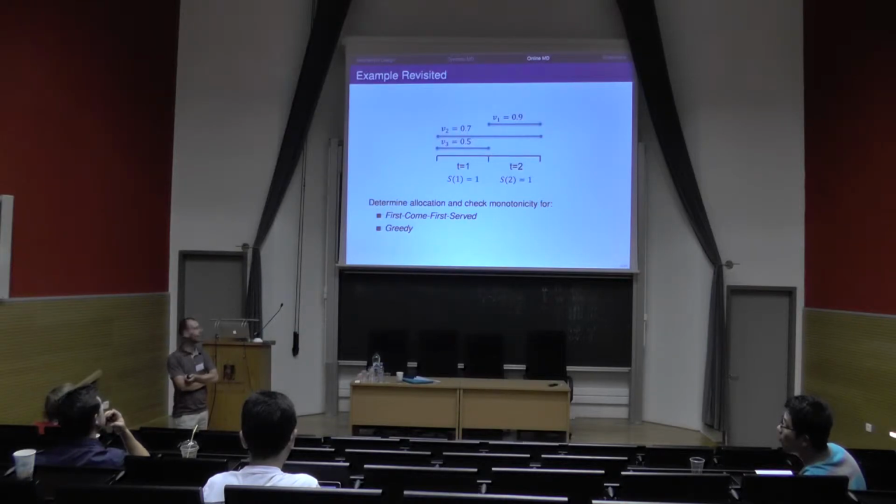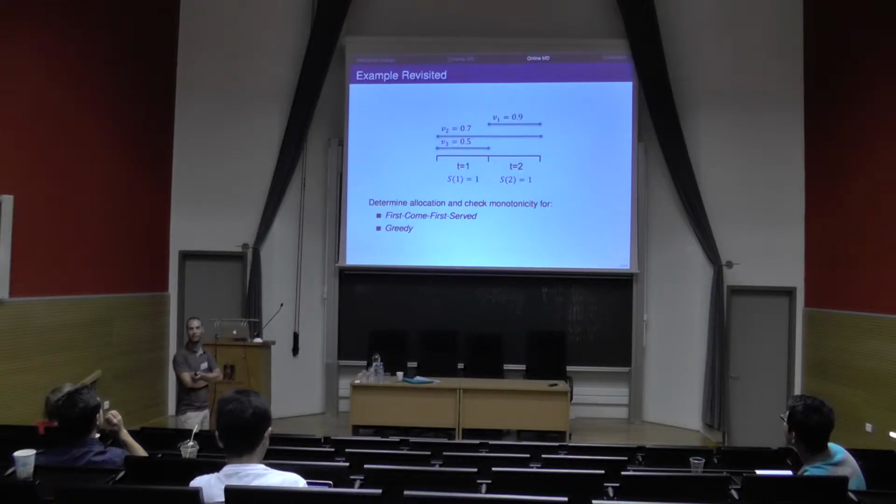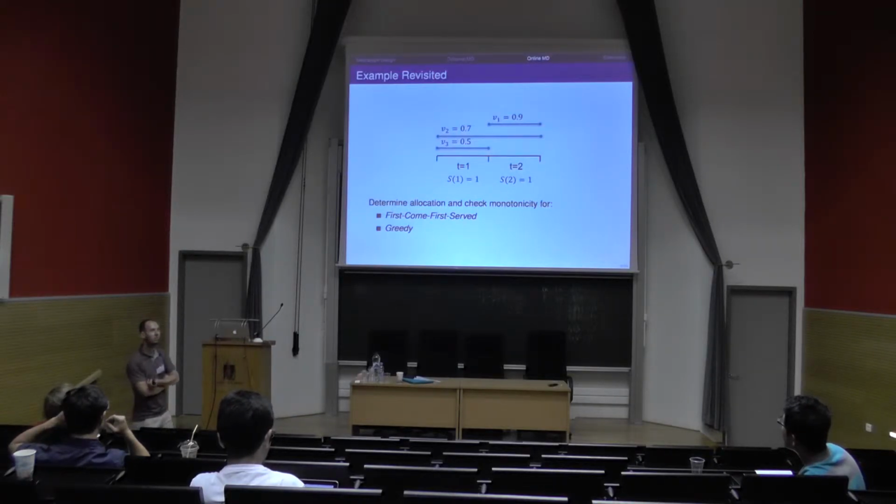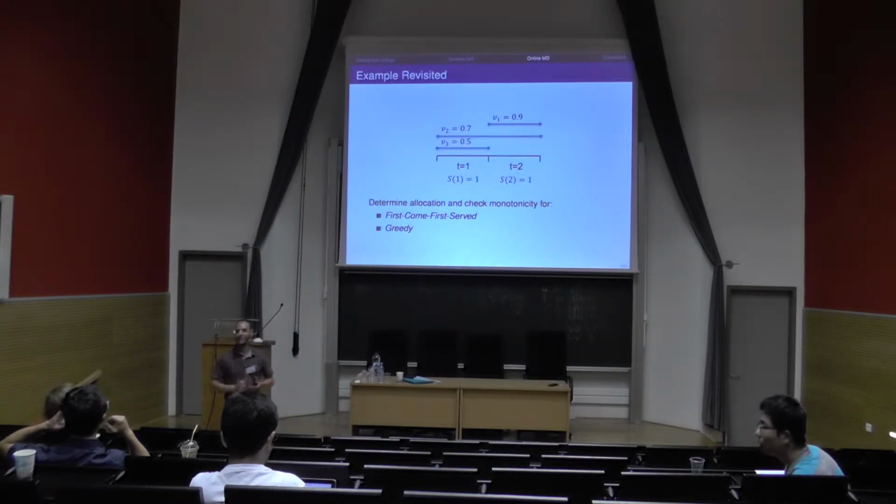Yeah, agent 3. Really? Yeah, actually that's true. Agent 2 gets an item. No, actually, I mean, it's no. Agent 1. Do not say first come, first served. Yes, first come, first served.